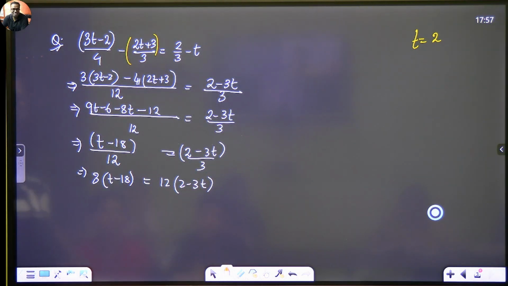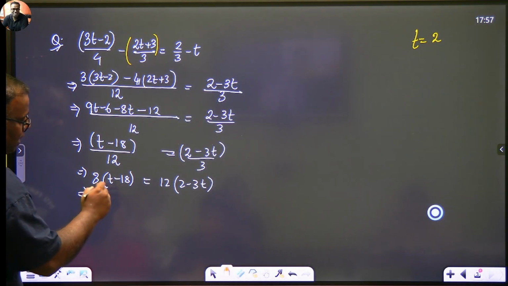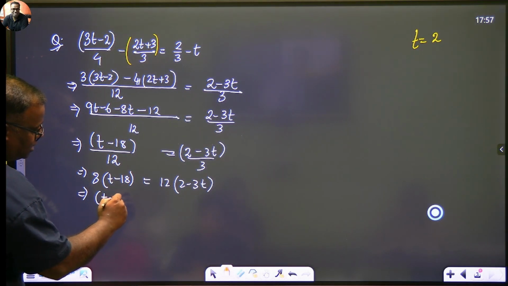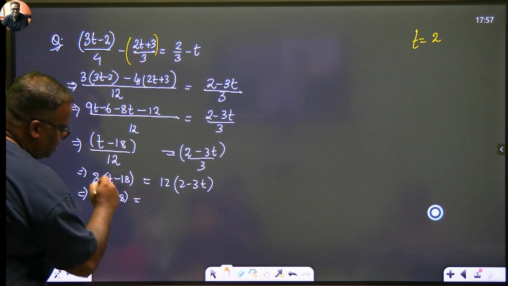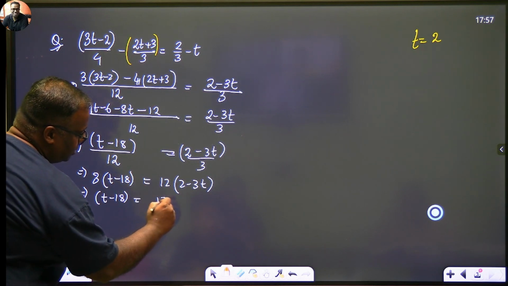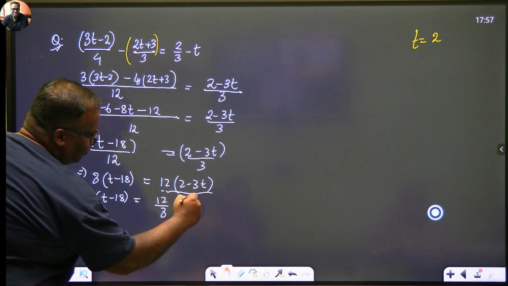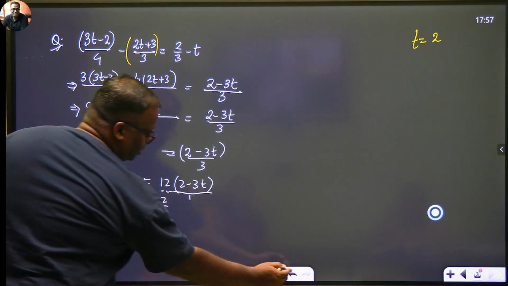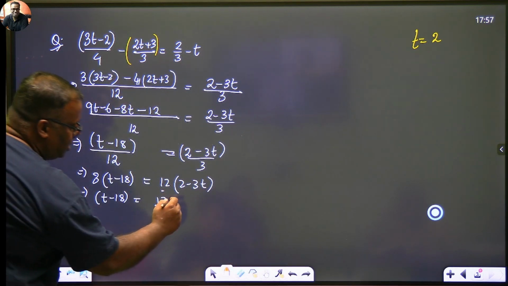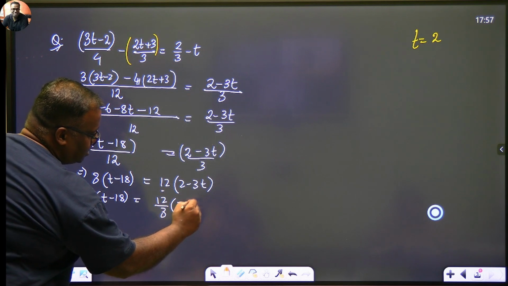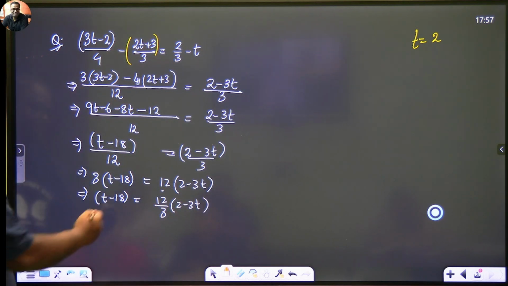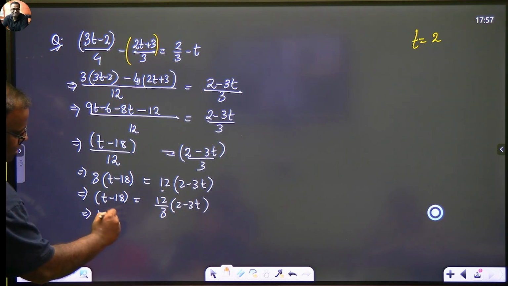No. अगर आप मल्टीप्लाई करोगे तो आप मेहनत कर रहे हो। t minus 18 is equal to, this 3 can come here. 12 divided by 3. This is all by 1, na? Isn't it by 1? So the 3 can come here. 12 by 3 multiplied by 2 minus 3t. Have you understood? अब ये t minus 18 रह गया. Easy हो गया हमारा.